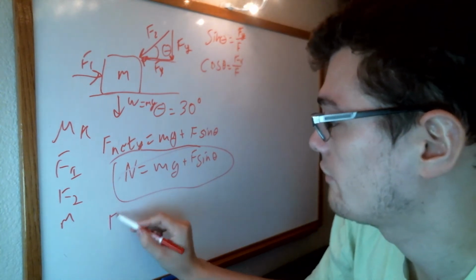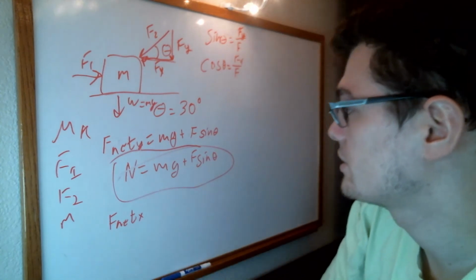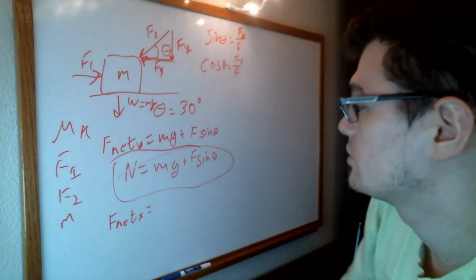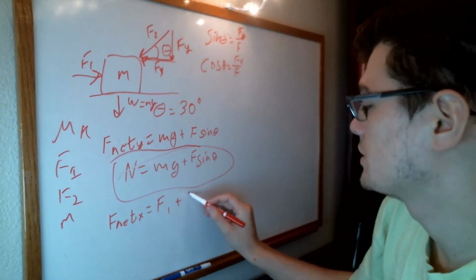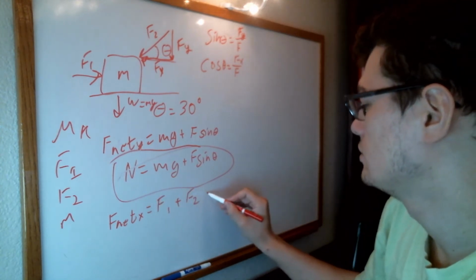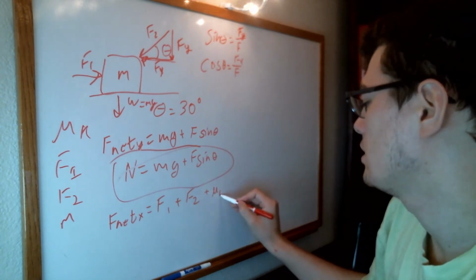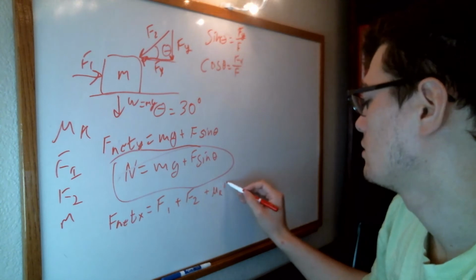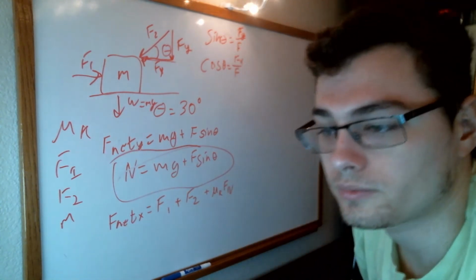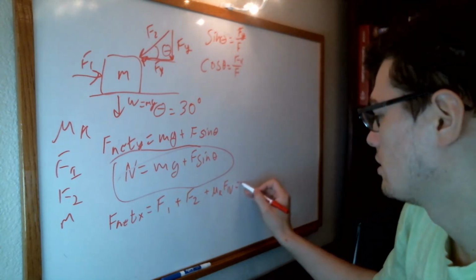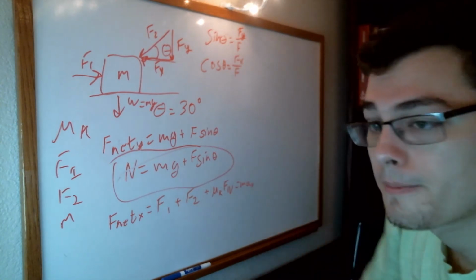So then we have that F net x is going to be equal to F1 plus F2 plus mu k Fn. And then this is all equal to m ax.